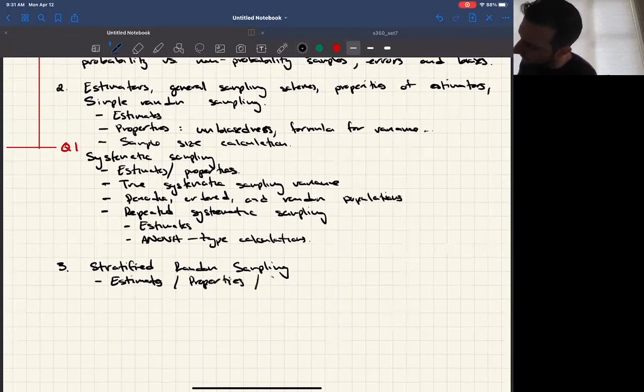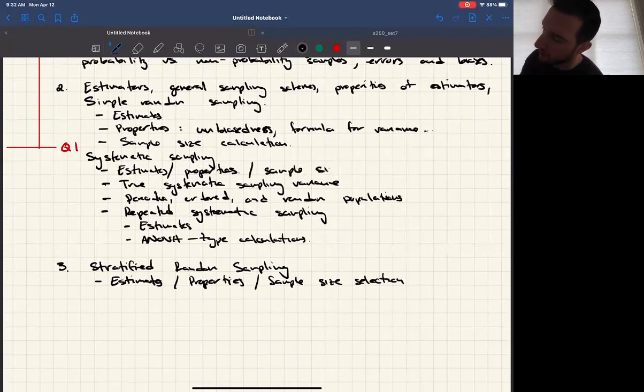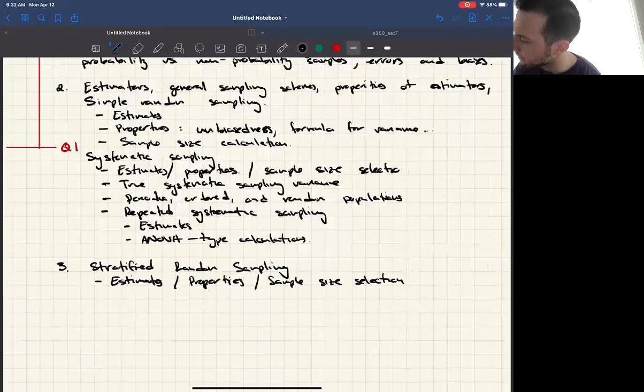And then we also had sample size selection. And then I should have mentioned that up here as well, because we talked about how to choose the sample size and then use the sample size to choose the type of systematic sample. So like the 1 in K systematic sample, for example.